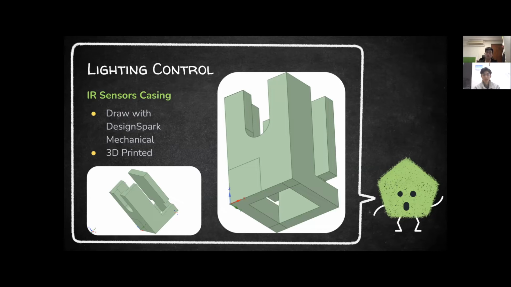Yeah, that's the outlook of the casing. We had to redo it several times to finish this. We have casing 1, casing 2, casing 3, and this is the last version of our casing, and it can be fitted onto the Lego.